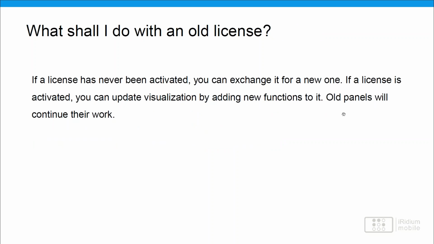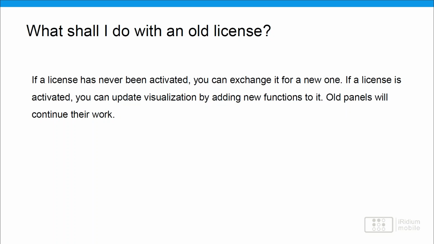So what shall I do with the old licenses? If the license was activated, activated means uploaded to some control panel related with some HWID or serial number of the controller, it means you cannot use this license anymore in the 3.0 version.